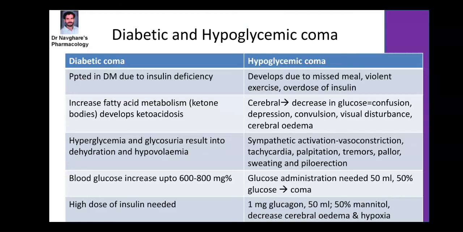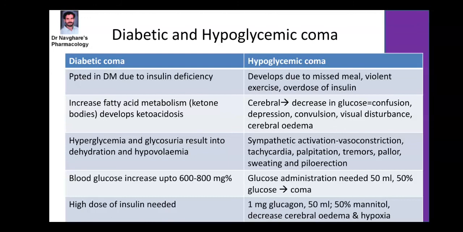Whereas hypoglycemic coma develops due to a missed meal, extra or violent exercise, and sometimes overdose of insulin. In this case, cerebral glucose deficiency takes place. Because of decrease in cerebral glucose, confusion, depression, convulsions, visual disturbances may develop.